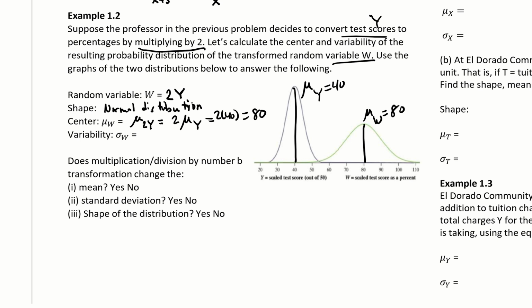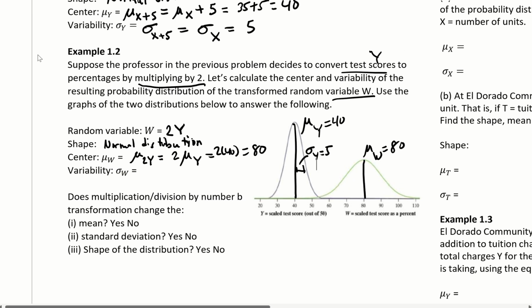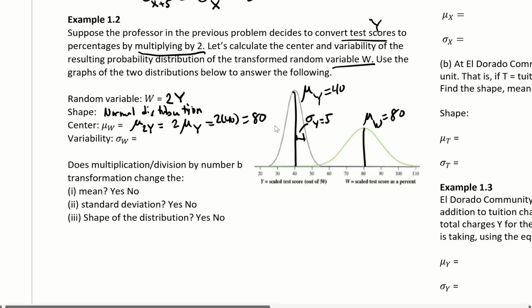Okay. Now the variability, did the spread change at all? Okay, well, let's look at it. The spread did change. If you look at the sigma Y, we calculated sigma Y to be 5, right? In the previous problem, right here. Sigma Y is 5. So that's the spread. However, look how much the spread is here. If I go to the same identical point on here, look how much it's changed.